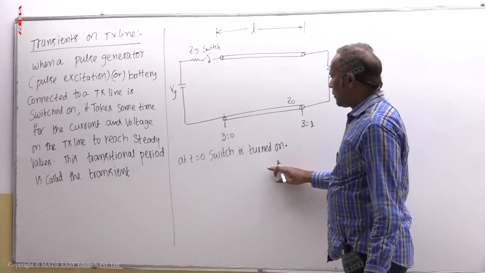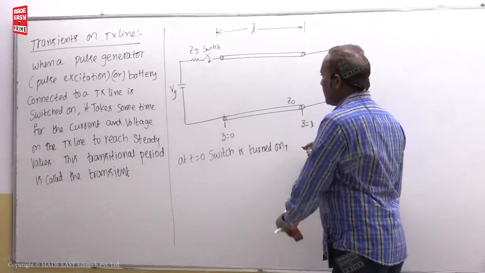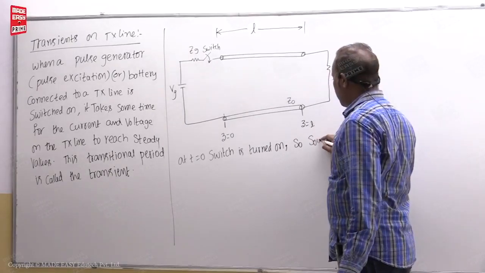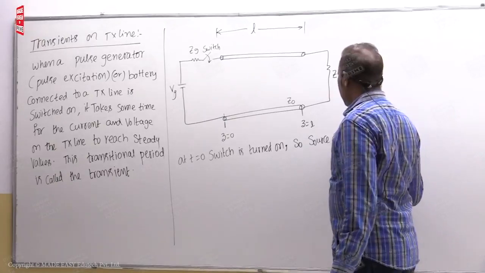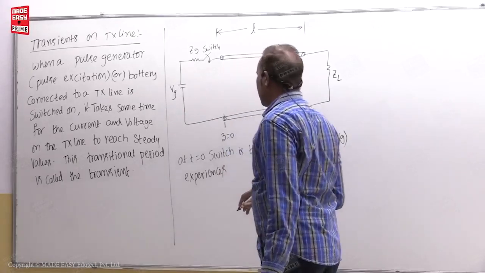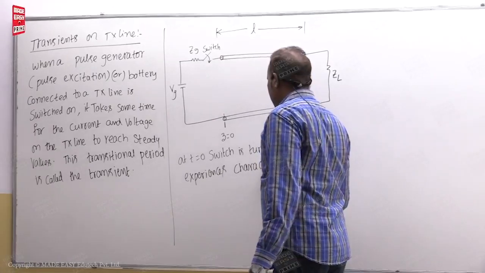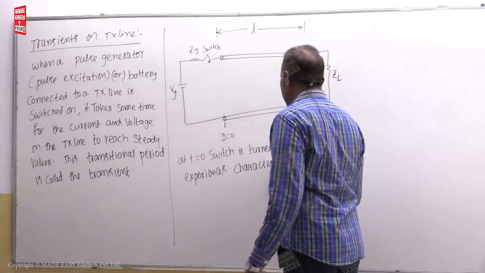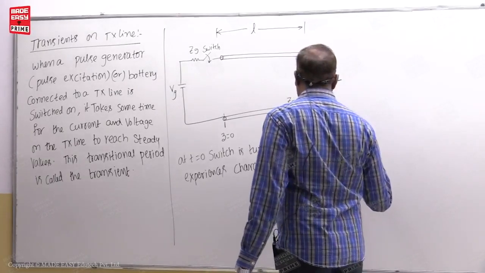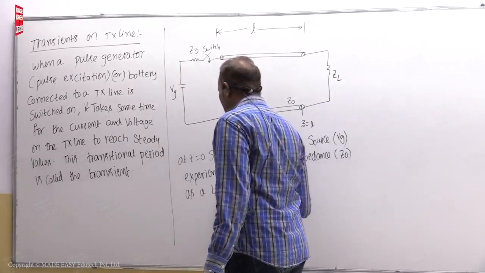So at t is equal to 0, the switch is turned on. So the source, that means Vg, experiences the characteristic impedance Z0 as a load.